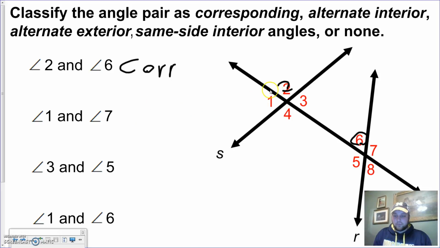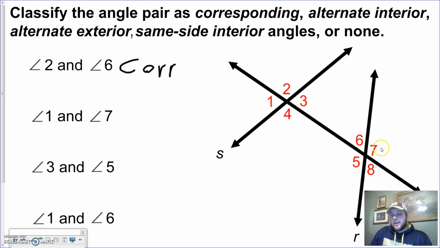Let me clear this up now. Next, 1 and 7. So angle 1 and 7. Well, they are definitely on opposite sides, so that would be alternate. So right away, I'm going to see either alternate interior or alternate exterior.